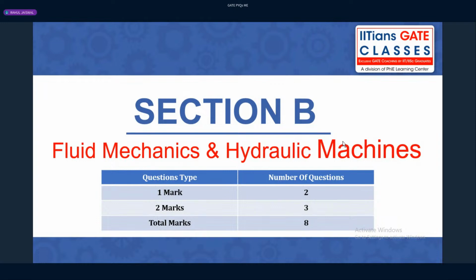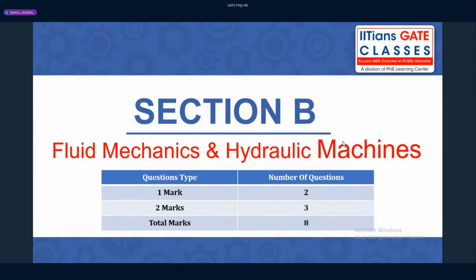Now coming to this 1 mark question, the total number of 1 mark questions asked were what, guys? The two questions, right? And the three questions were asked of 2 marks. So the total number of questions regarding this fluid mechanics and hydraulic machines were 5 questions, and the total weightage for this particular subject is 8 marks.